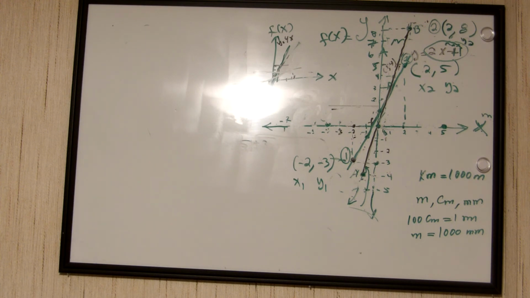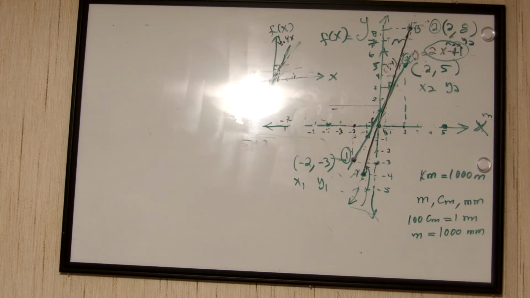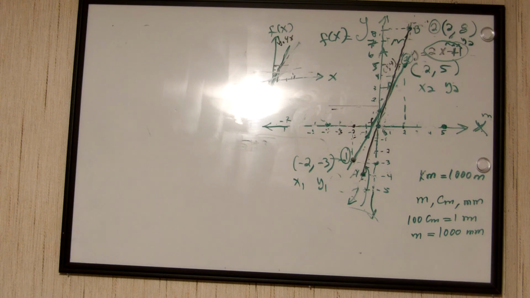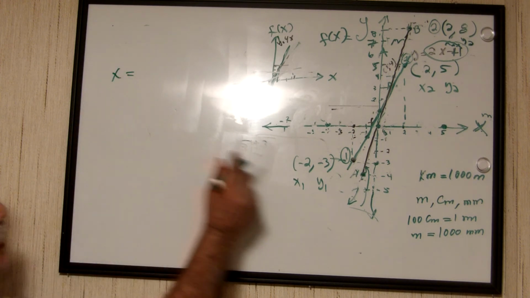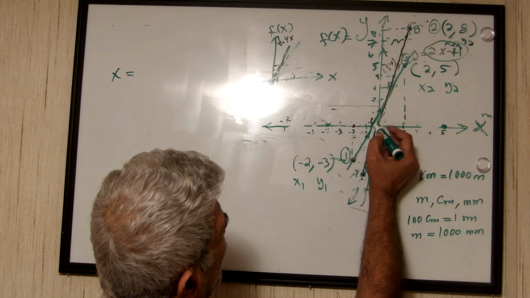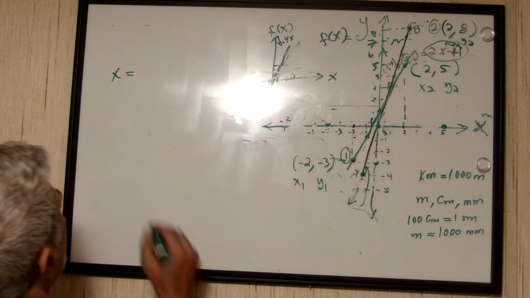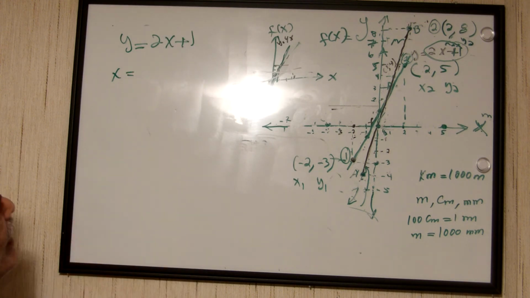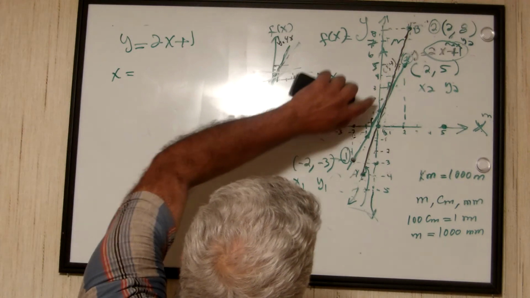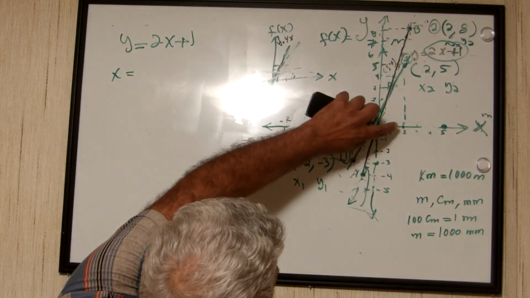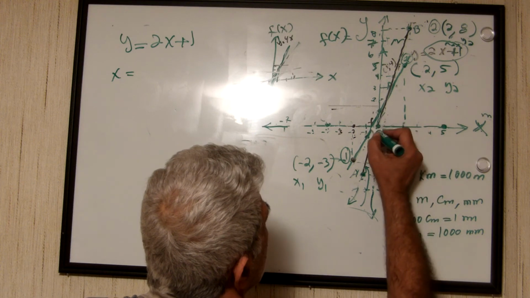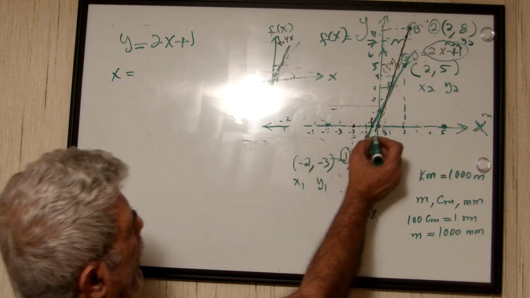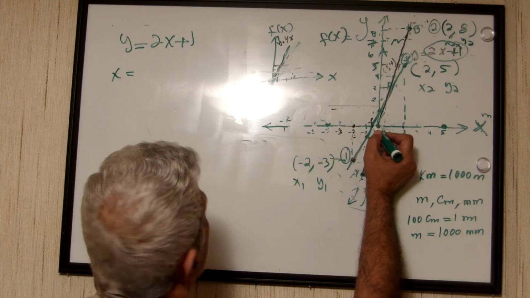Let's talk about this first. We want to find the intercept of x, where this line is going to cross. The equation is y equals 2x plus 1, and we are going to find out where it crosses the x-axis. When it crosses the x-axis, y is going to be equal to 0.